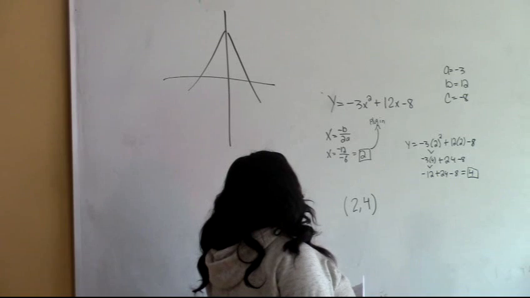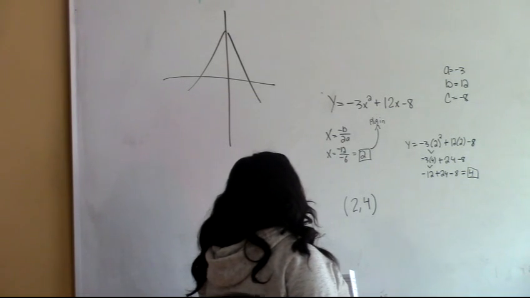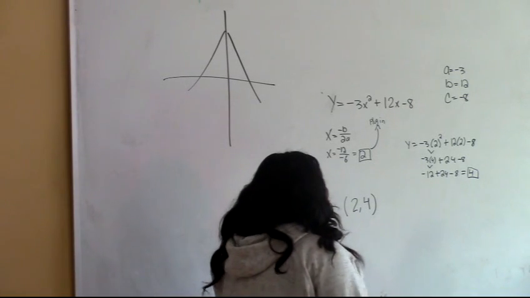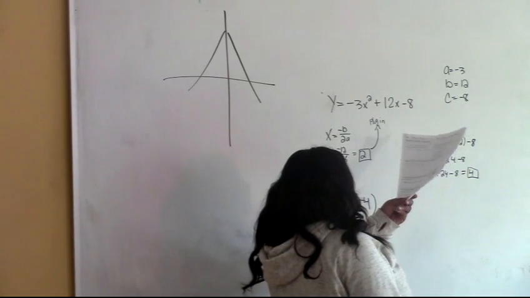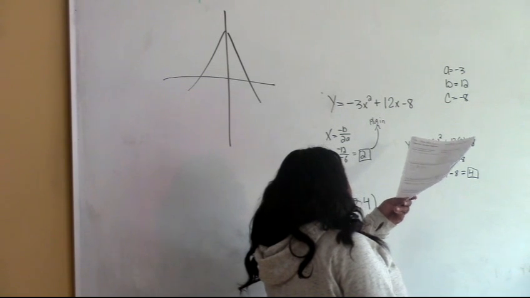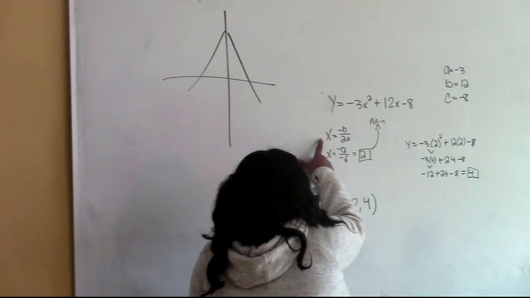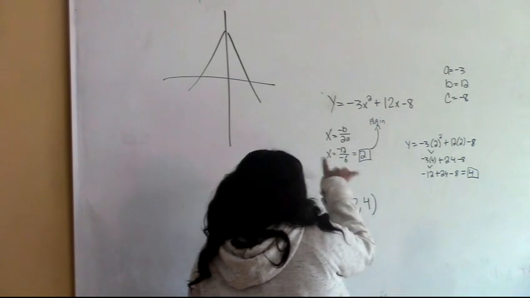The equation y equals negative 3x squared plus 12x minus 8. First I found A, B, and C, and A is -3, B is 12, and C is -8. And I use this first equation to find x.